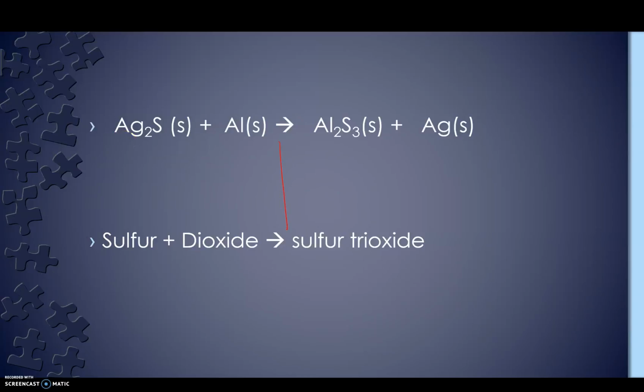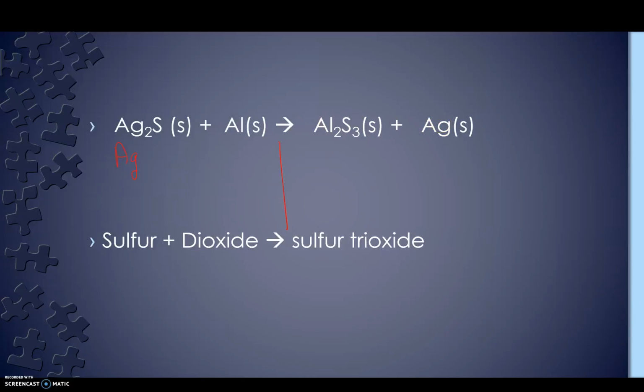With this first one, again, we want to write all of our elements, and you want to write just the elements. Do not write the compounds by themselves, because see how silver and sulfur are together on this first one, and aluminum is by itself, and then on the product side, aluminum and sulfur are together, silver is by itself.